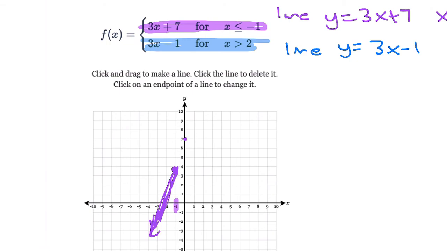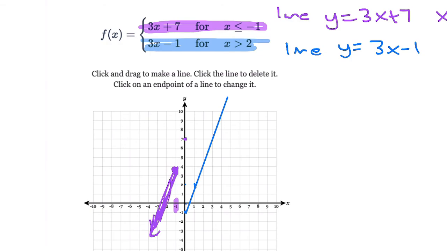Now for the blue line, the y-intercept is negative 1, and the slope is 3. So from negative 1, we go up 3 over 1, and we draw this blue line. But again, we don't need the whole line.